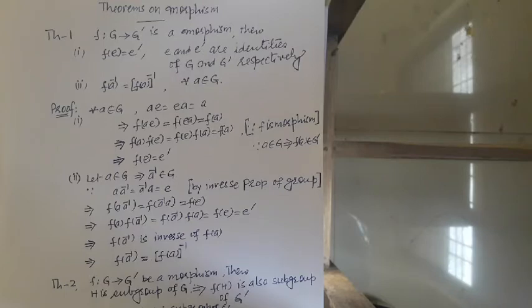So f of a and f of e are elements of G dash. So f of e is an identity of G dash, and e dash is also an identity of G dash. But we know that the identity, if it exists for a group, is unique. Hence f of e is equal to e dash. So this is a complete proof of the theorem.